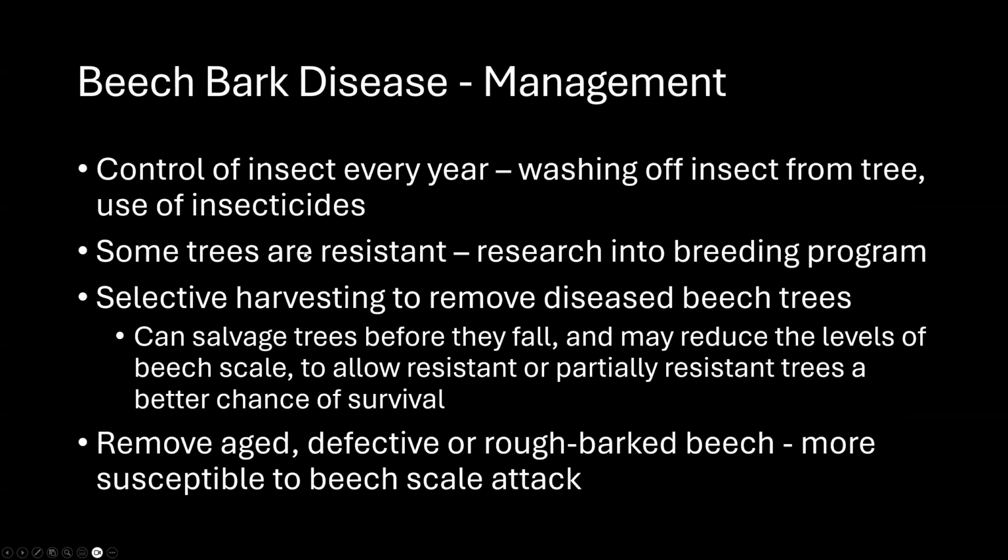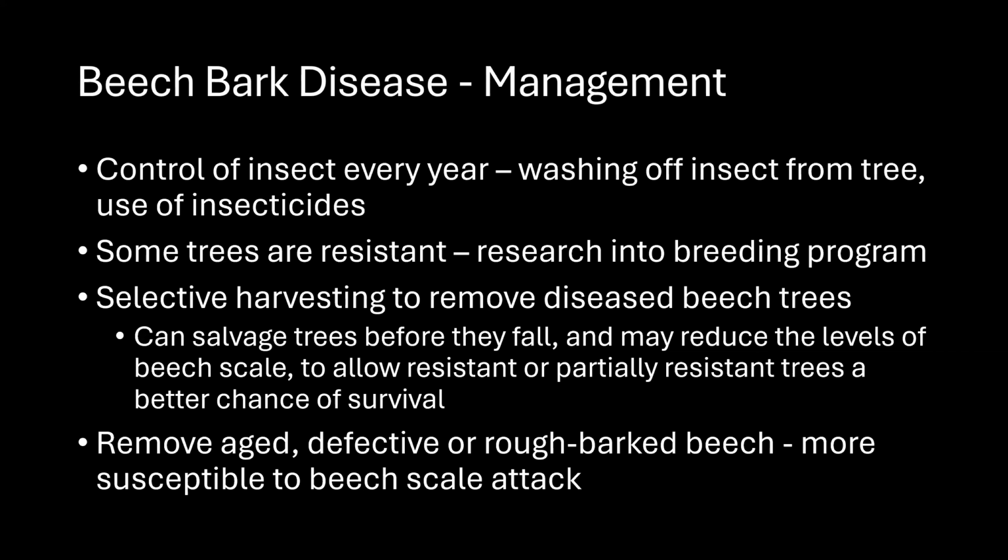So management. Is there anything that can be done to manage this disease? There are some options. First, if you're seeing the beech scale insect, but thankfully you don't have signs of fungal infection yet, you can control the population of the insect.